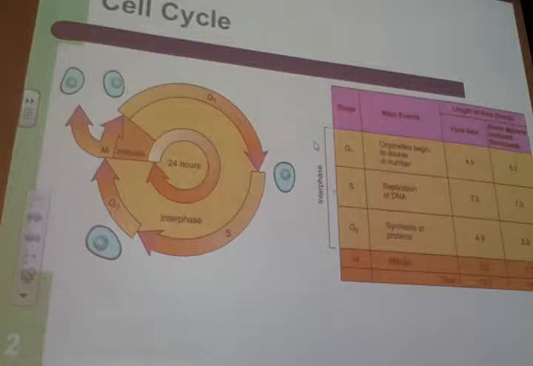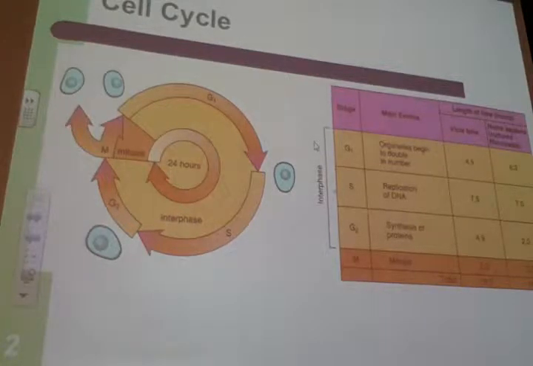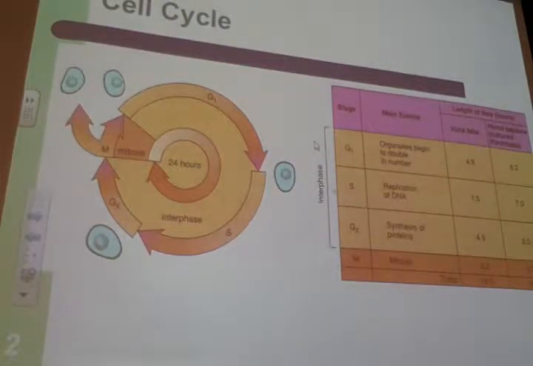So if we're doubling everything in number or size inside the cell, the cell's going to have to get significantly bigger. So the other big characteristic of G1 is that this is a significant growth stage for the cell, essentially to accommodate that.